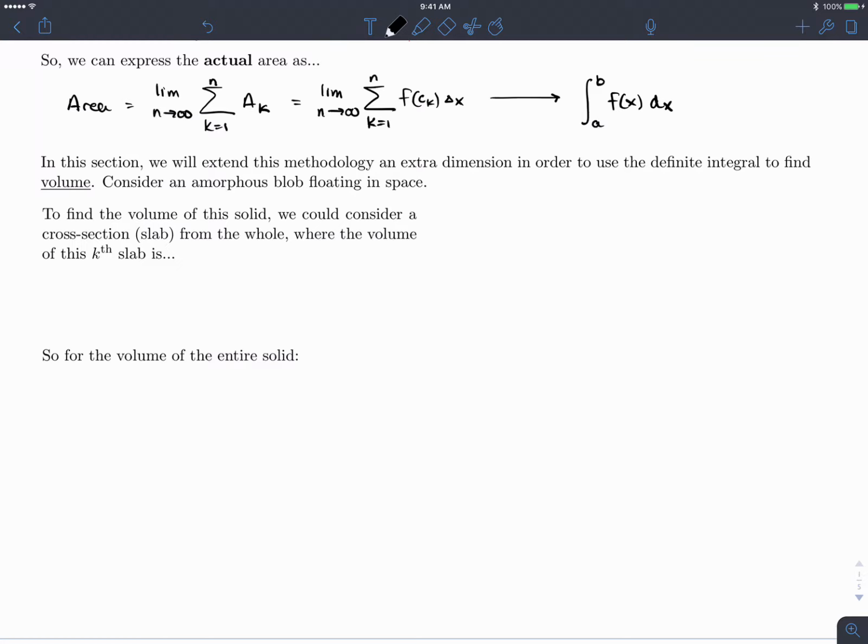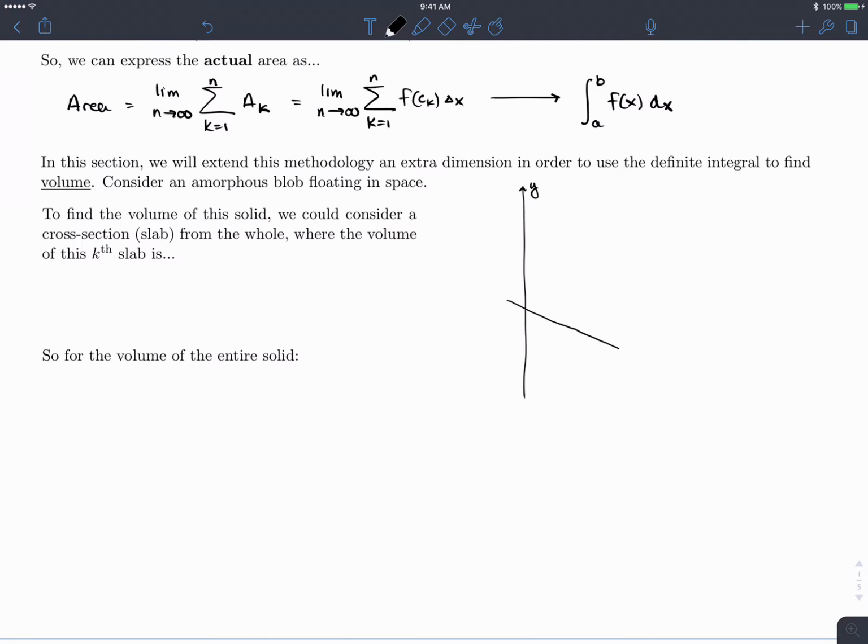So let's consider some sort of a solid blob that's sitting in space. Now, this is a little bit tricky because we're trying to draw 3D in a 2D space. So if we drew our y-axis here, this is y, and now I'm going to push this x-axis out a little bit.